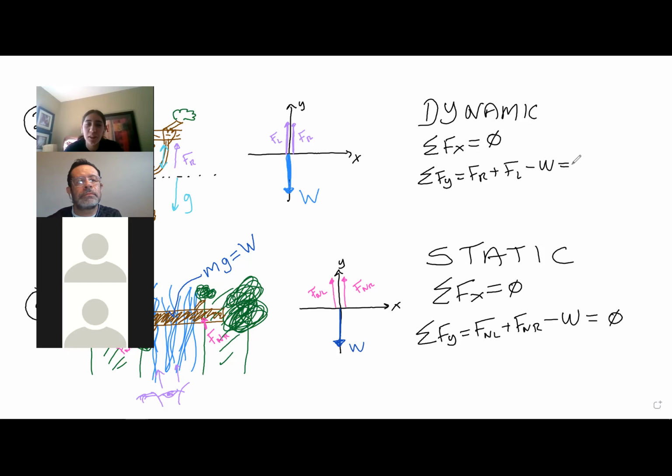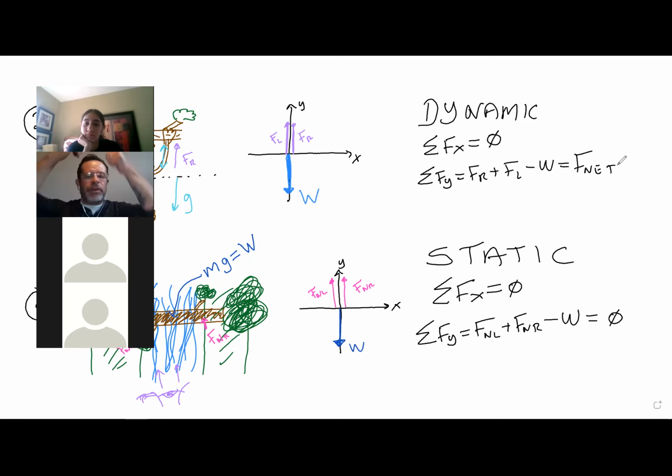Well, we don't know because we don't have data, but it's not going to be 0. That's the answer, Viviana. It's going to be equal to something because there's movement. It's not going to be equal to 0. Actually, it's going to be equal to a net force, which is the resultant force. If the monkey is being pulled upwards, that means that the force that it's exerting with its arms is going to be greater than its weight.